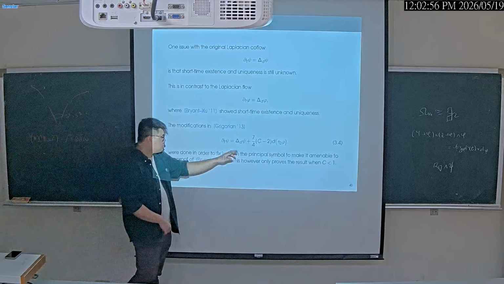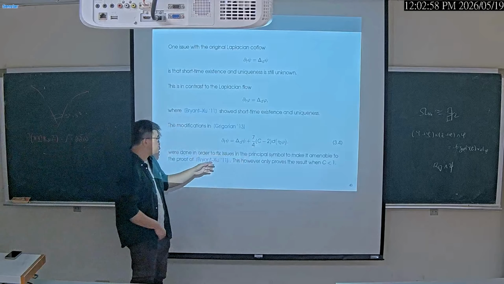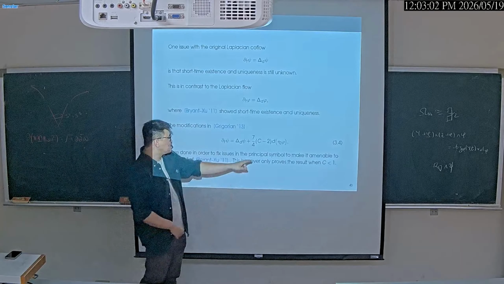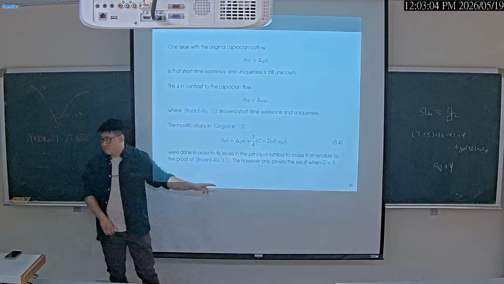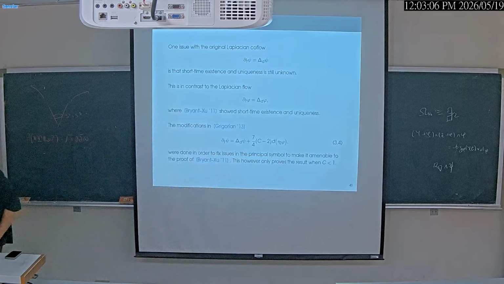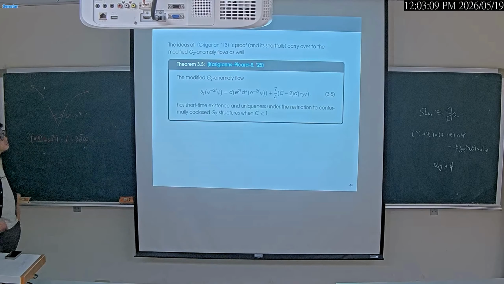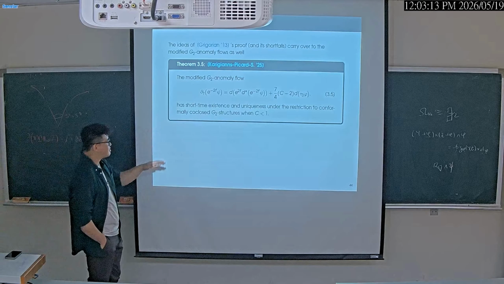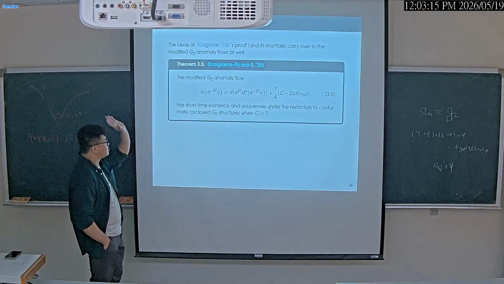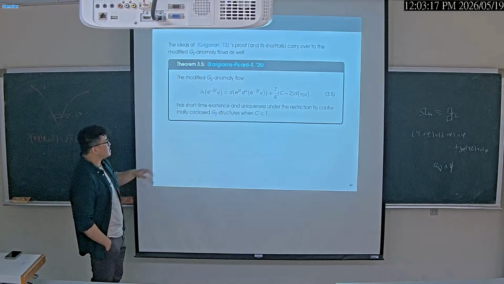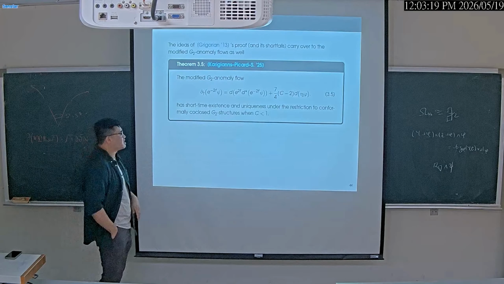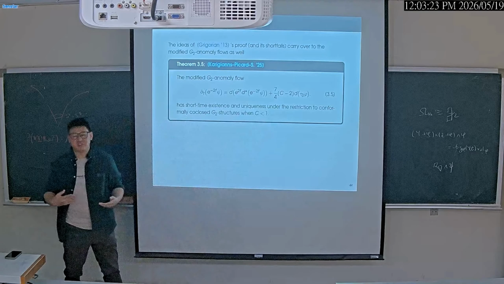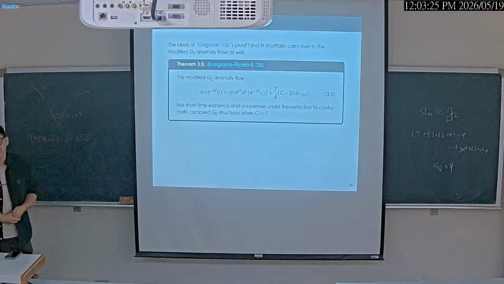So you need to throw on these terms, and you can fix issues, and you can get short-time existence and uniqueness as long as c is strictly less than 1. Since our flow looks like a conformal version of the modified Laplacian coflow, you can actually use the same idea as a proof, and you can get short-time existence and uniqueness under the same conditions, as long as c is less than 1, which now becomes a problem because the nice value of c that we wanted was c equals 4/3.